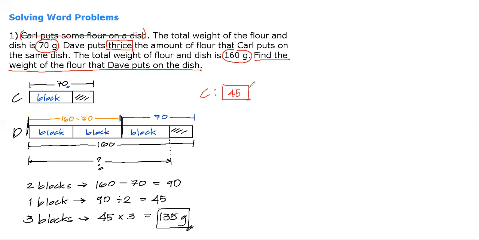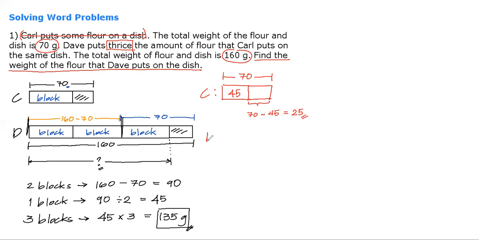And what's supposed to be the weight of the dish in this case, provided it has a total of 70? To find out this part, you need to subtract 45 from 70. That will become 25. So the weight of the dish is 25 grams.